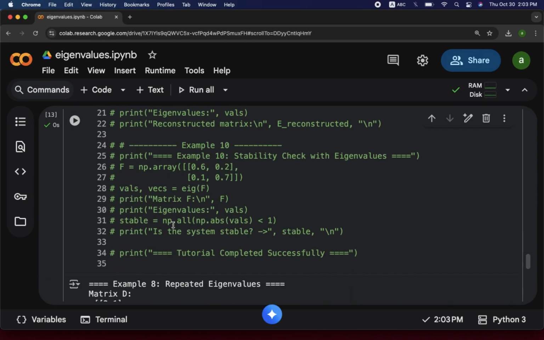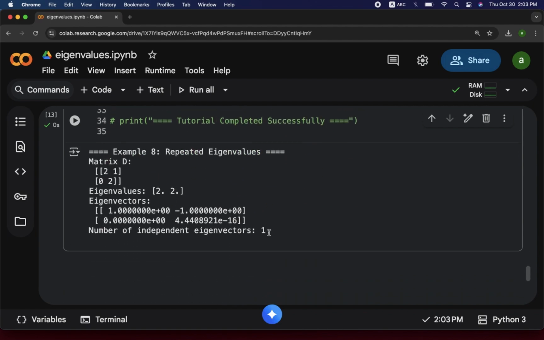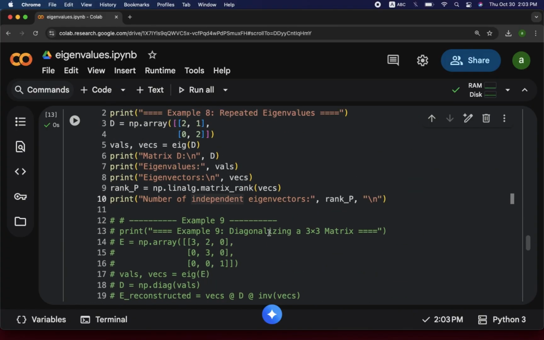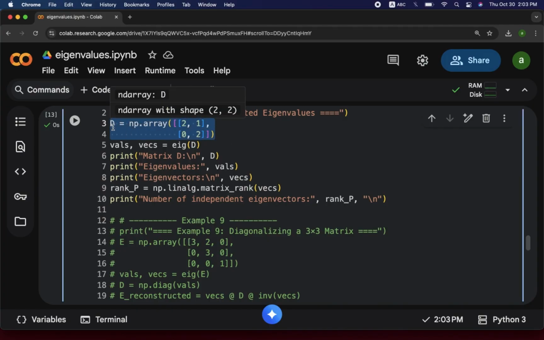So that's not sufficient to obtain the diagonalization of a matrix. So we are not always able to diagonalize. So the condition is we should have a sufficient number of linearly independent eigenvectors so we can actually diagonalize our original matrix that is given here as D.